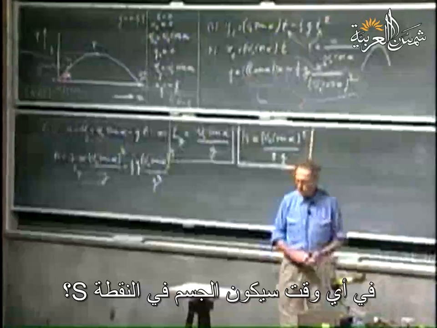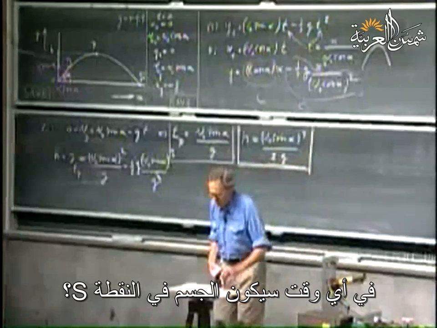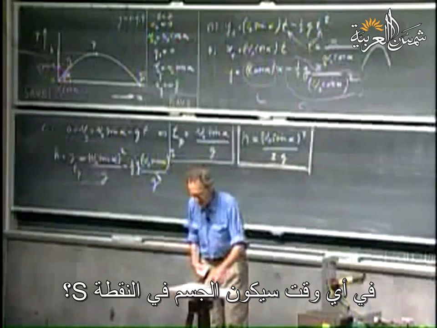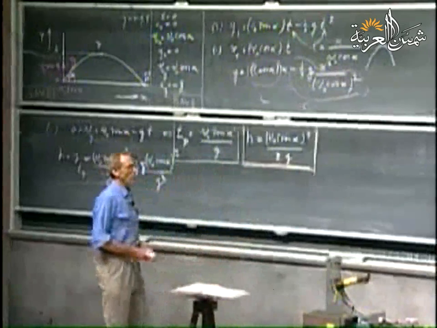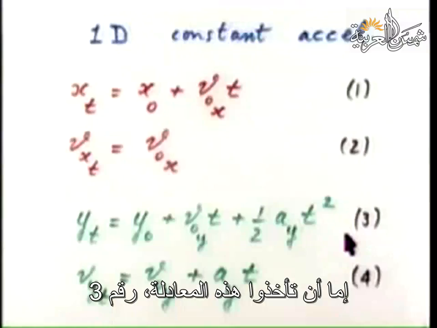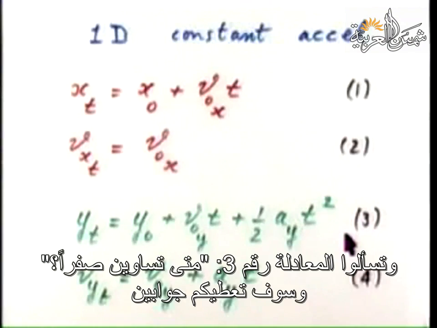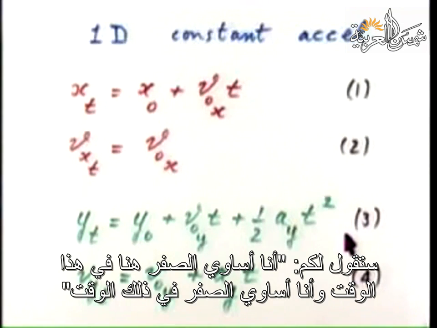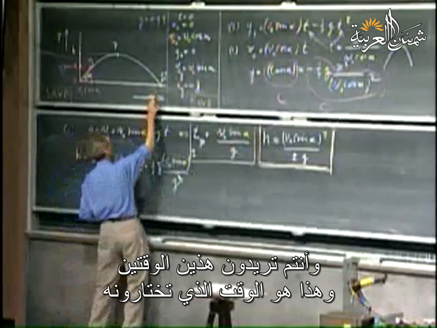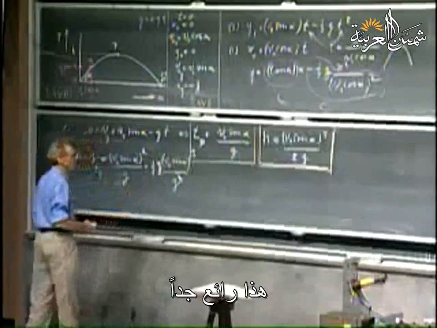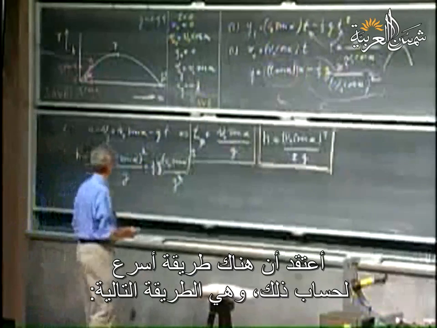At what time will the object be at point S? Now there are two ways that you can do that. You either go to this equation, number 3, and you ask equation number 3, when are you 0? It will give you two answers. It will say, I'm 0 here at this time, and I'm 0 at that time, and those are the two times, and this is the one you pick. That's perfectly fine. I think there's a faster way to do it.